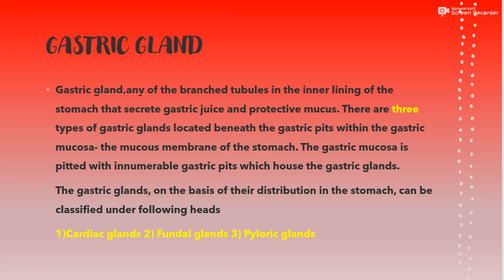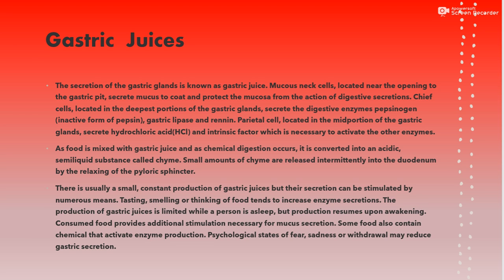Now we see the gastric juices. The secretion of the gastric glands is known as gastric juice. Mucous neck cells located near the opening of the gastric pit secrete mucus to coat and protect the mucosa from the action of digestive secretions.